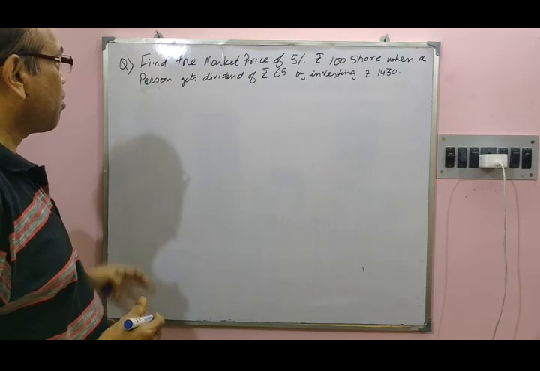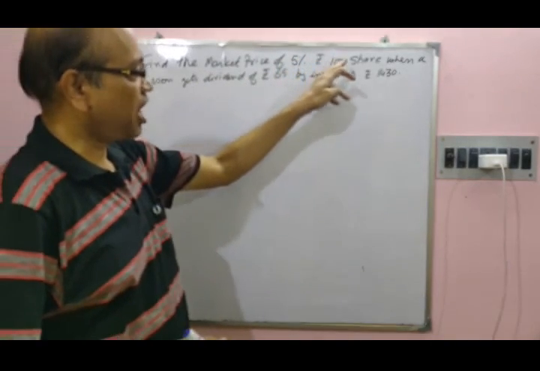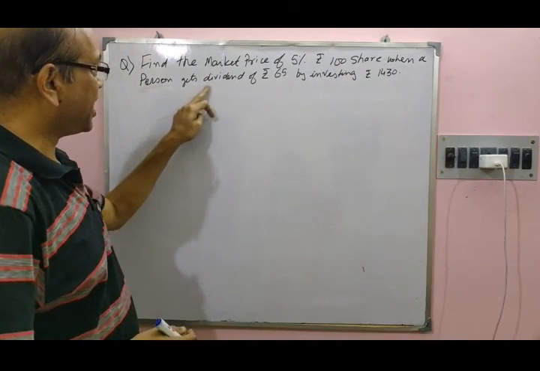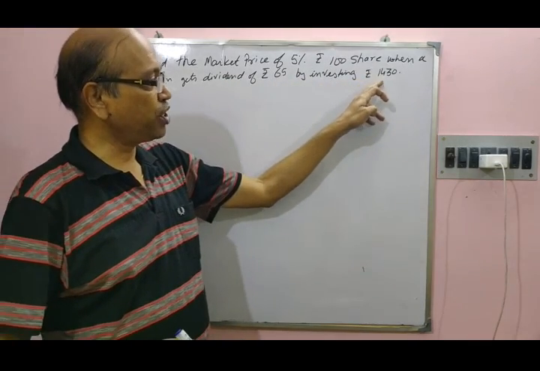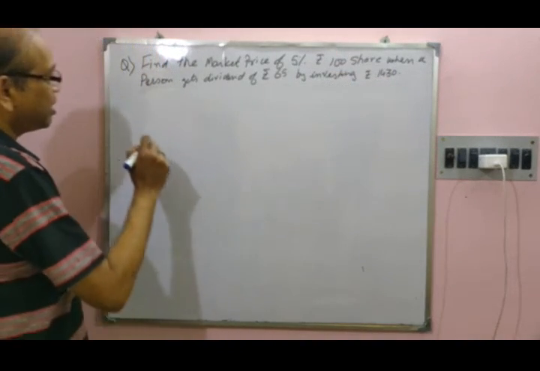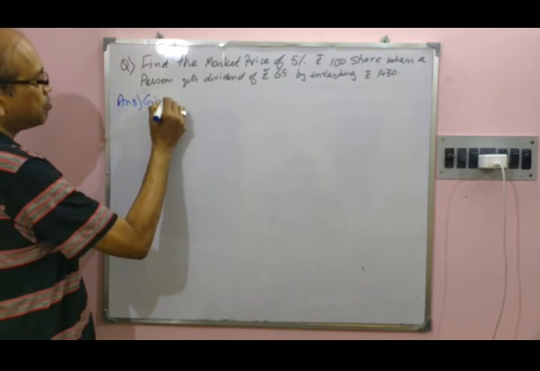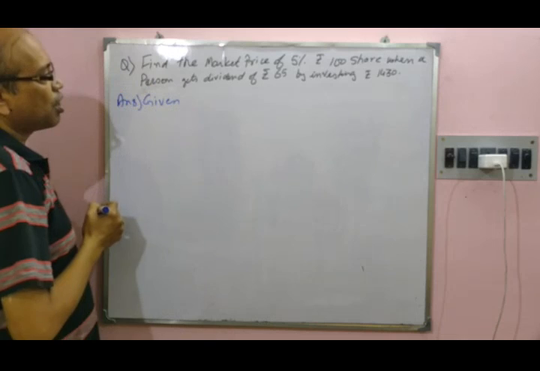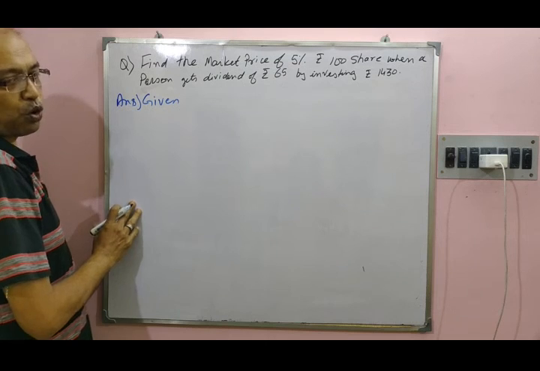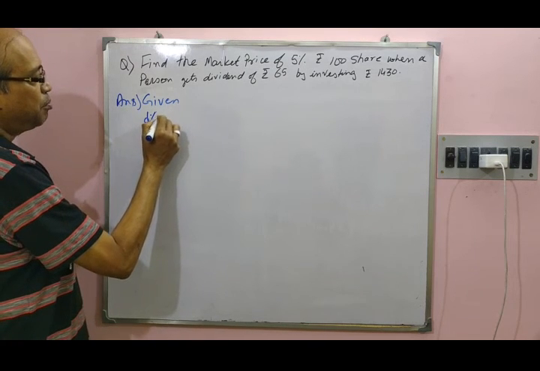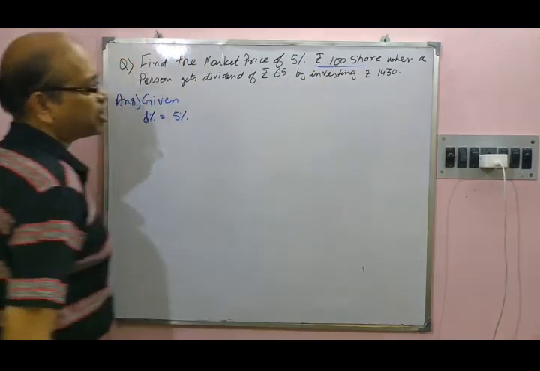Next question. Find the market price of 5% rupees 100 share when a person gets dividend of rupees 65 by investing rupees 1430. Again, first answer, what is given? What is this 5%? It is the D%, which is 5%. What is this rupees 100 share?